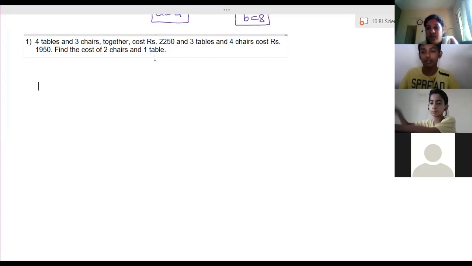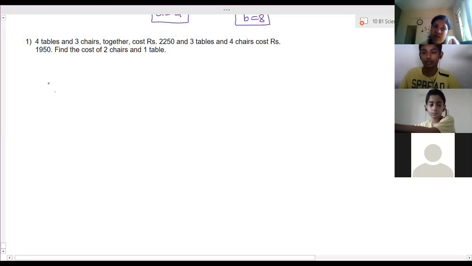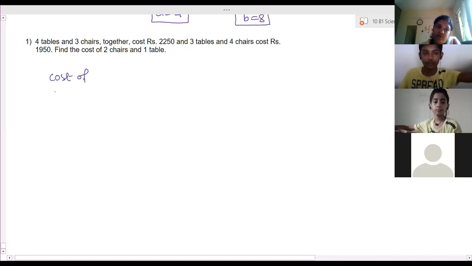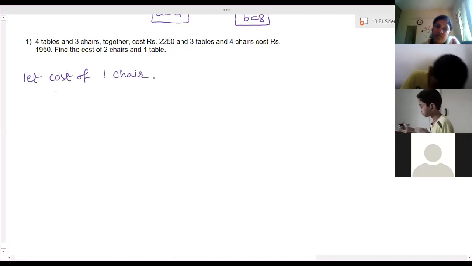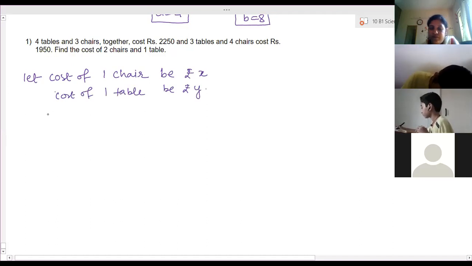Directly, you cannot write the equation. So first, for what purpose you are using the X and Y variables, we need to write first. Let the cost of 1 chair be rupees X and the cost of 1 table be rupees Y.